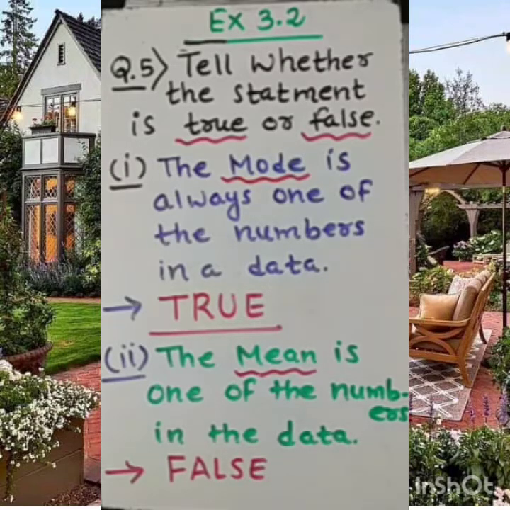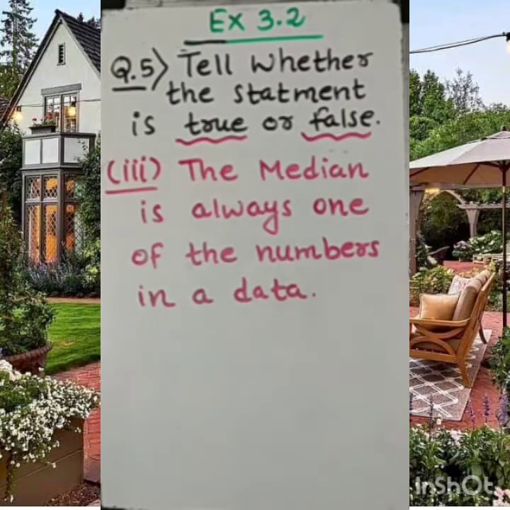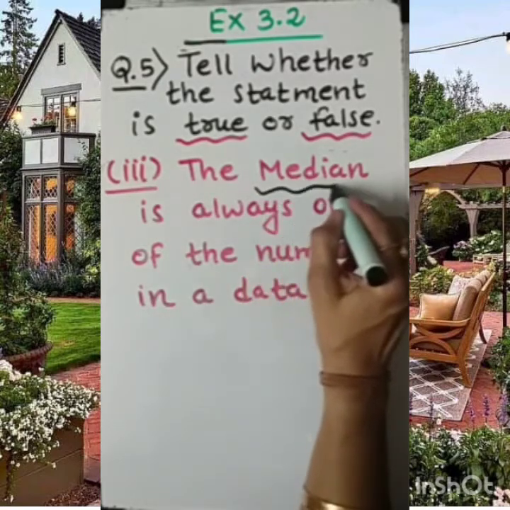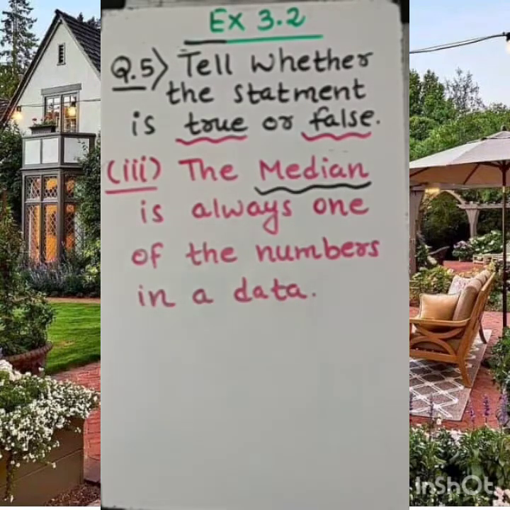Let's work out the next one. So the third true false is on your screen, dear student. The median is always one of the numbers in a data. Here now we are talking about the median. Dear student, we have done the median in questions 1 to 4. In that we come to know the answers for the median after arranging the given data in ascending order.